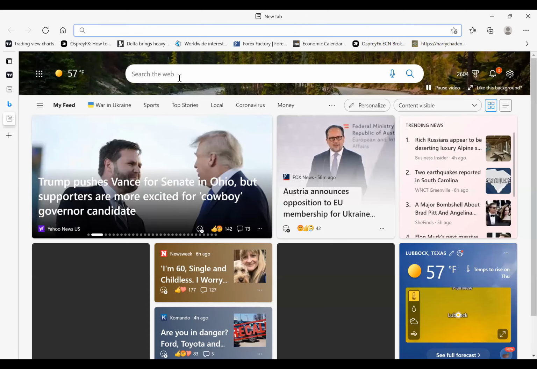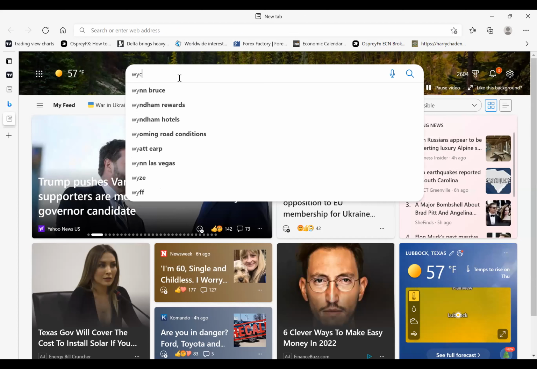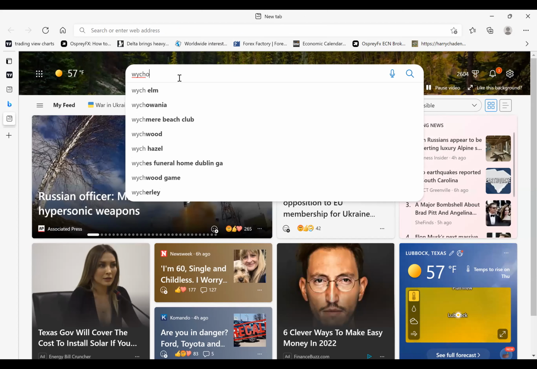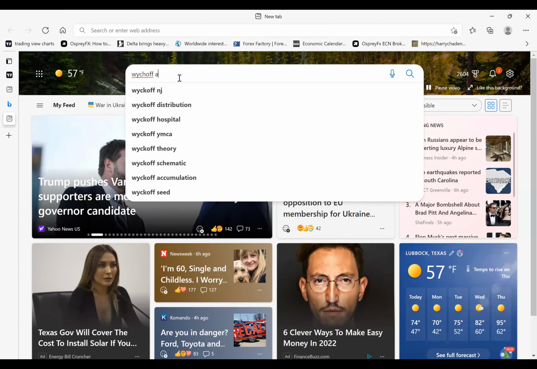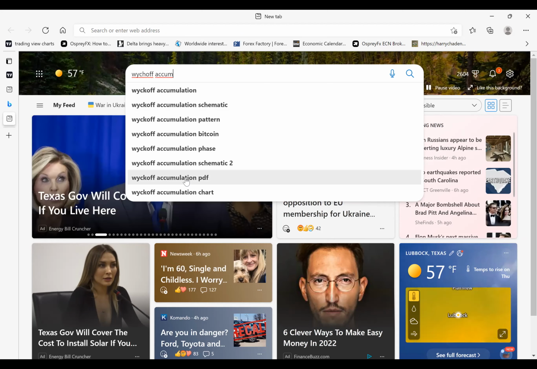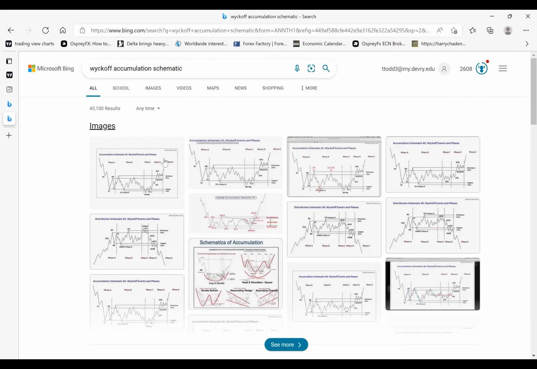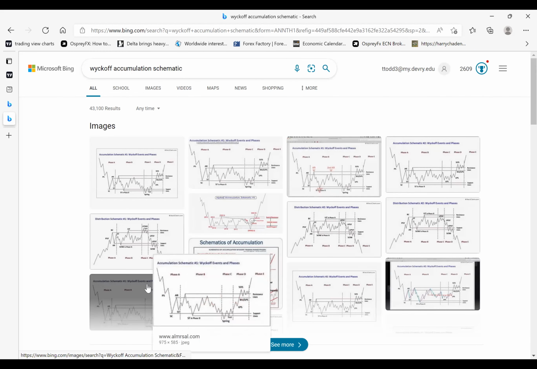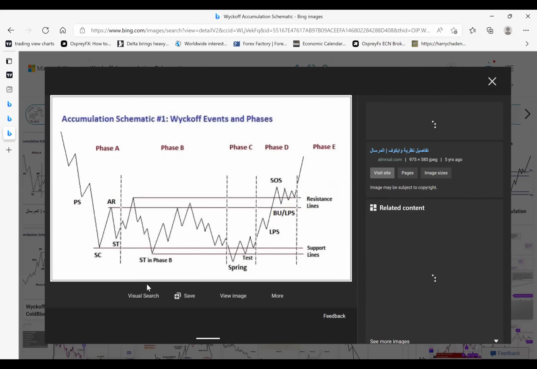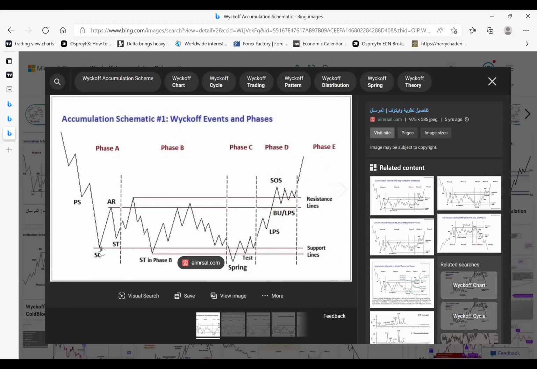But the important part of this is, let me see if I can get schematic 1. The important part of this is that you recognize that these lows are being taken out, right?